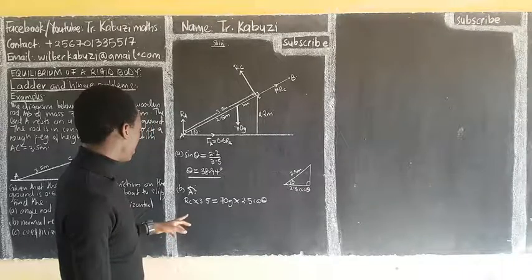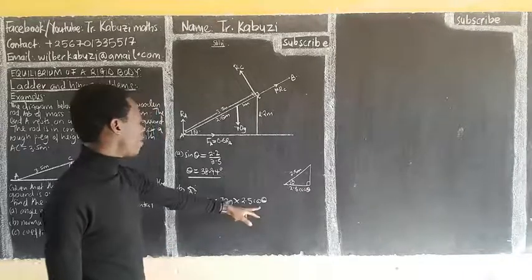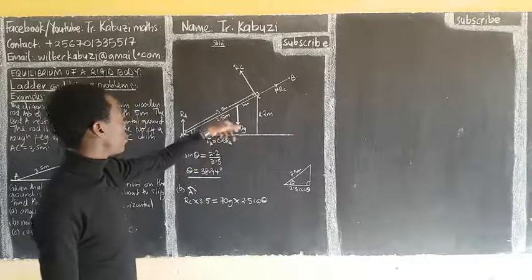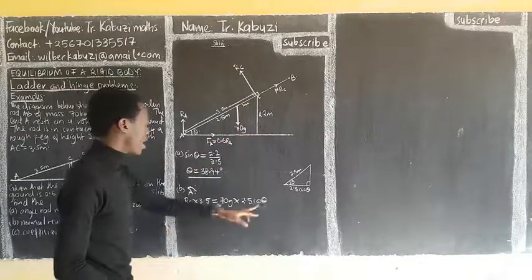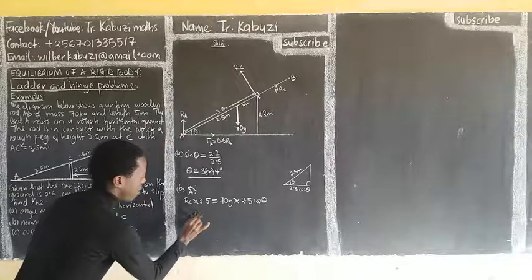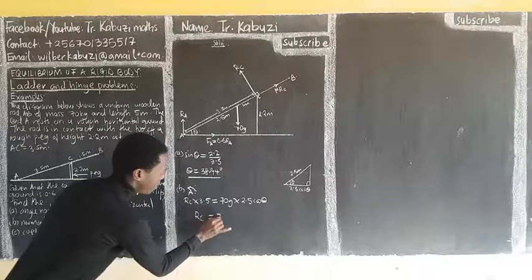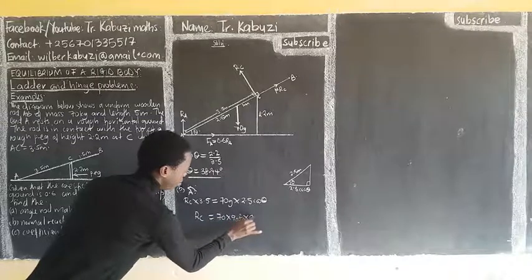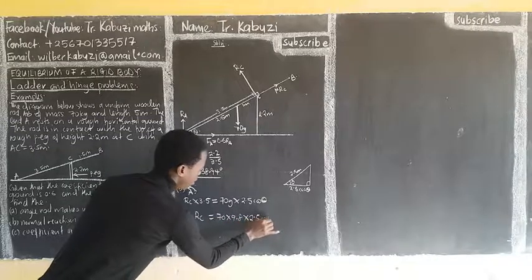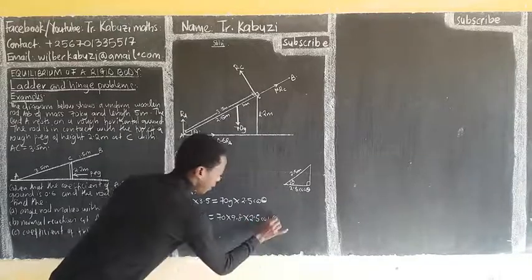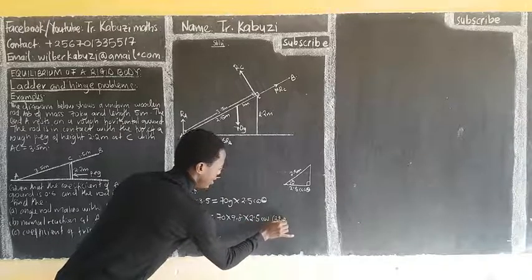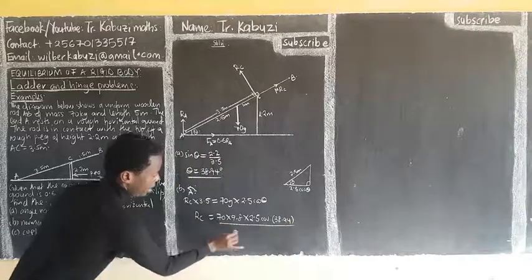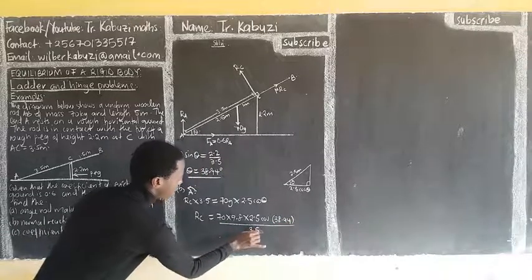Then the other thing is, now we are going to divide it through, and we put in our theta there. So our RC is going to be 70 times 9.8 times 2.5 cos theta, which is 38.94 degrees, divided by 3.5.